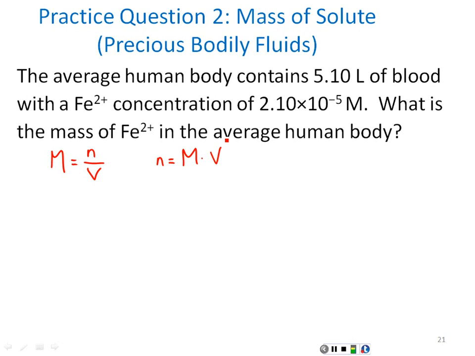Remember, capital M stands for molarity, which is a concentration. So we have a concentration times a volume to get the amount of the solute. We're given the volume in liters, and we're given the concentration in moles per liter, so we simply multiply the two.